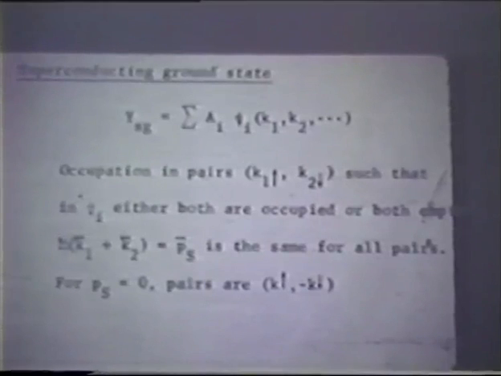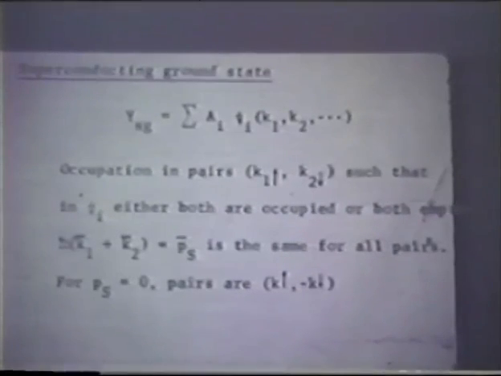And the ground state wave function is then made up of a linear combination of all of these possible paired states. And so it's a macroscopic occupation of pairs of zero momentum. Each pair has zero momentum, although the electrons are still in individual states.